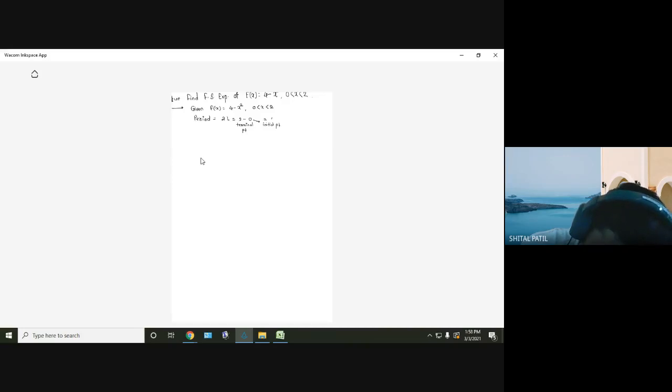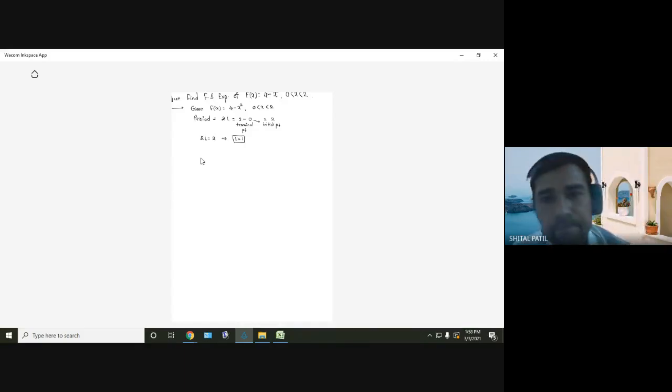So what the length is? 2. So that is 2L equal to 2. So what is the L? L equal to 1. Understood? So in case of arbitrary period, first step will be to find the L.